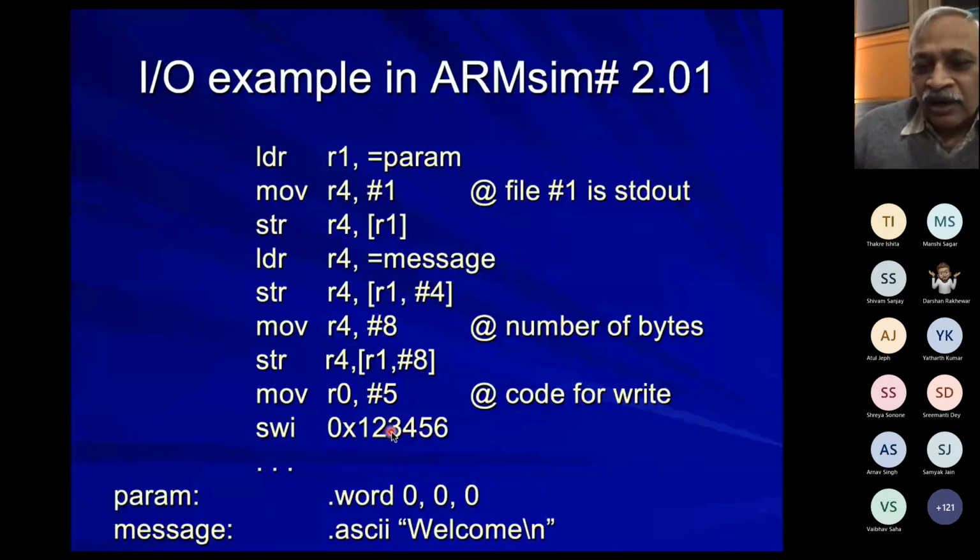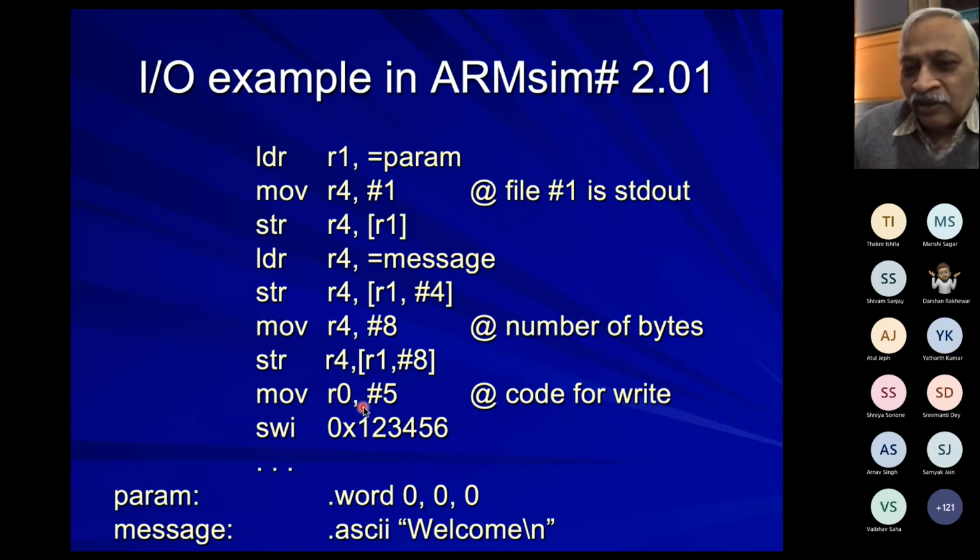All IO operations are actually unified into a single SWI call, and what distinguishes different operations is the content of R0. So before this, you put the appropriate code in R0. In this case, I want to do exactly the same thing, and 5 is the code for write.